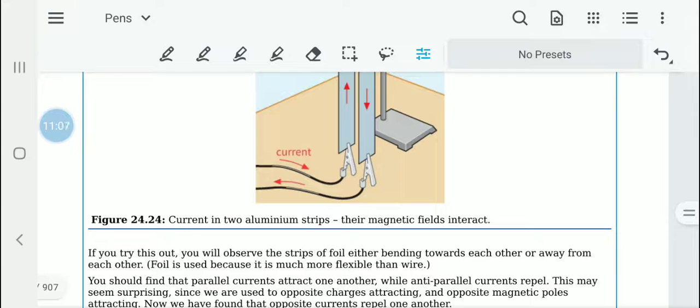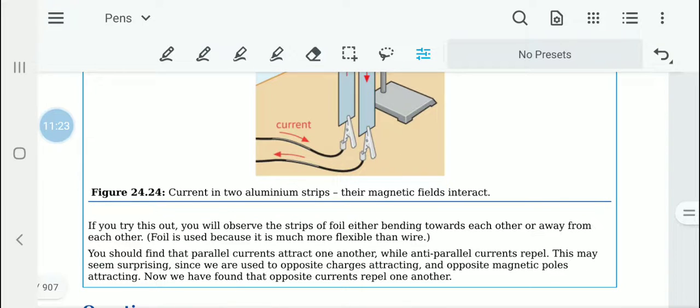When this happens, you will see that they would bend towards each other or away from each other, depending on how the current is used. If it is parallel currents, then it would attract one another. Anti-parallel means they would repel. But don't confuse this with opposite poles attracting; it has nothing to do with that.